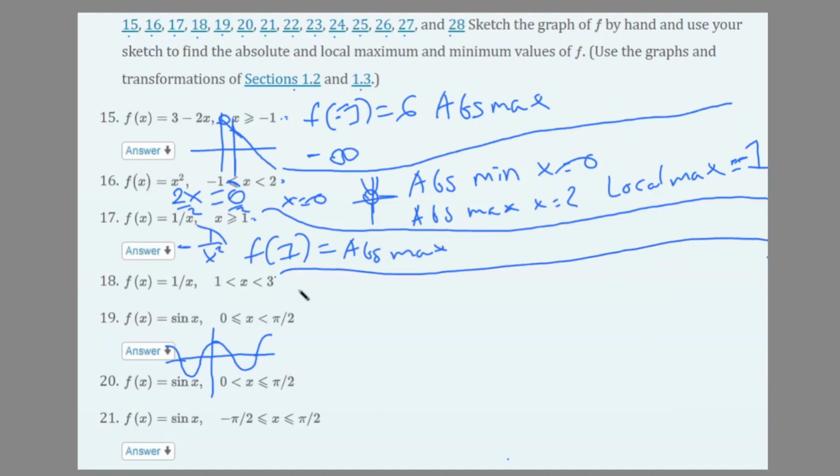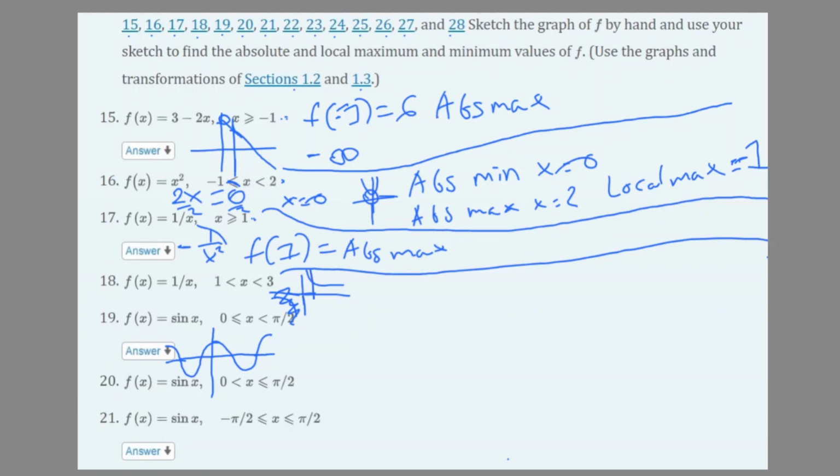And now let's move on to number 18. Number 18 is the same exact thing here. So I could also draw the graph out just to visualize it, so that it would look something like this. And then we also have this sort of thing going on this interval on the negative side, but we don't really need to focus on that side.